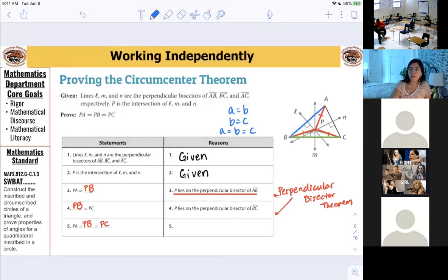Even if you don't know the name of it, how come I can say that A and B and C are all equal? Jalen, am I talking about congruent triangles here?